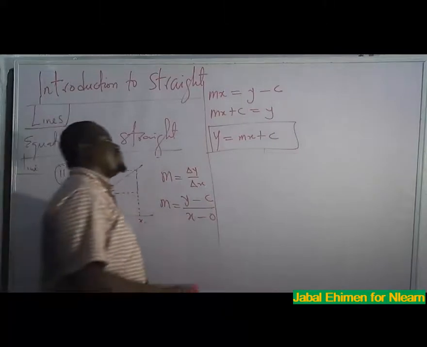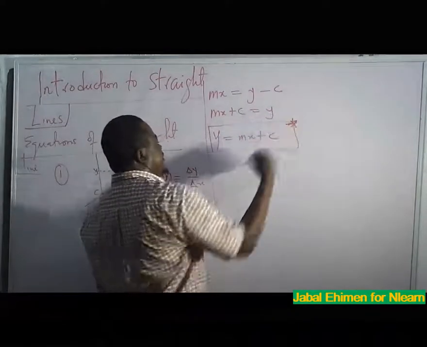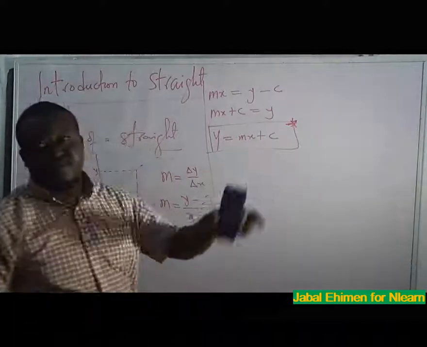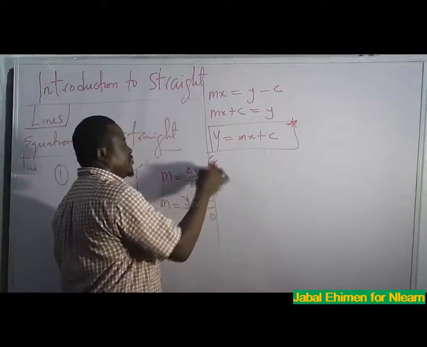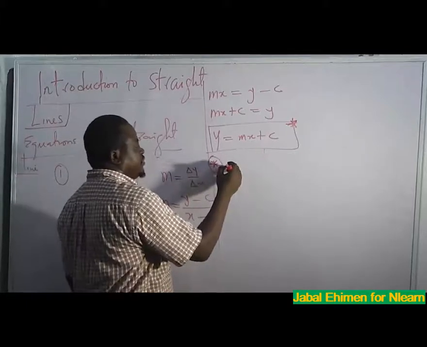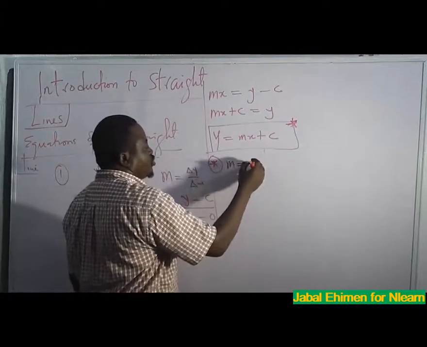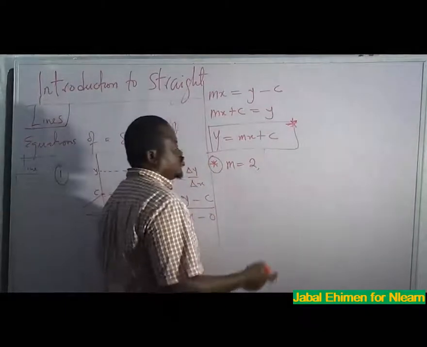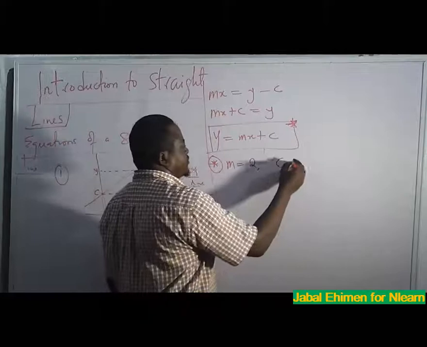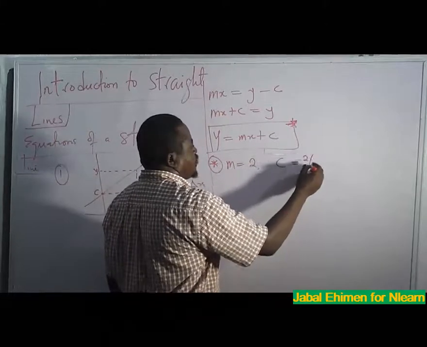So if you have this in the back of your mind, so automatically if you're having y equals to mx plus c, and you are asked to find, maybe you are given an example where you are given a gradient m to be equals to 2, and you have your intercept c as 2 over 3.